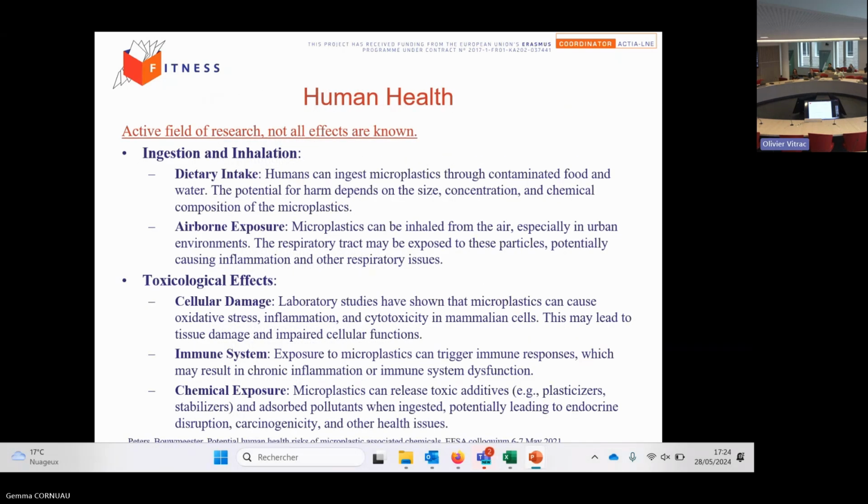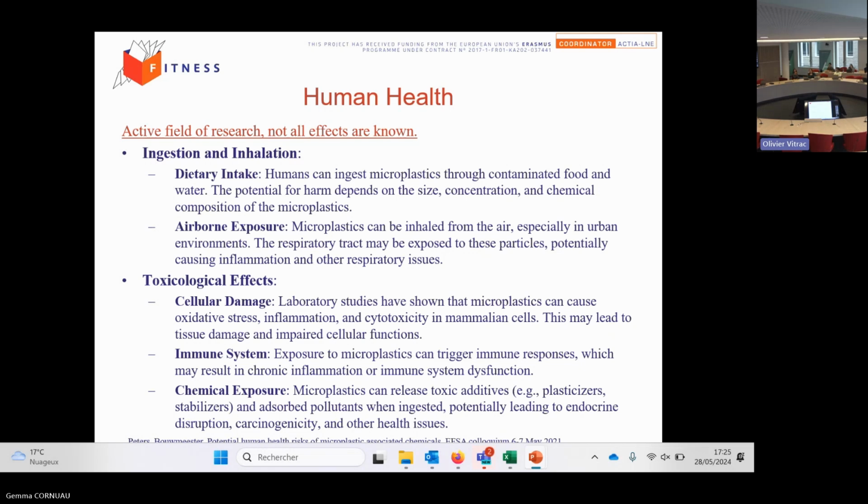Concerning human health, I want to say as a preliminary that this is a very active field of research. So not all effects are known and not all of the knowledge is stabilized. So what seems to come out for the moment, but as research is still ongoing, take this as a first preliminary list.